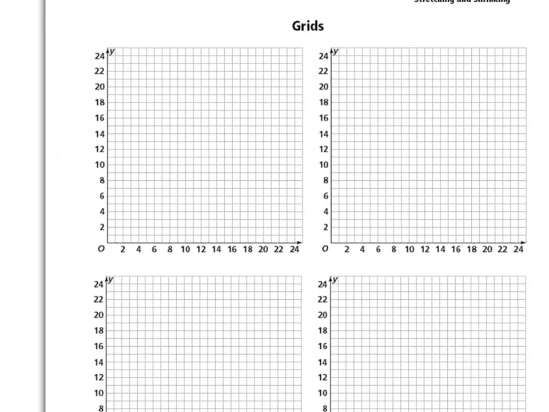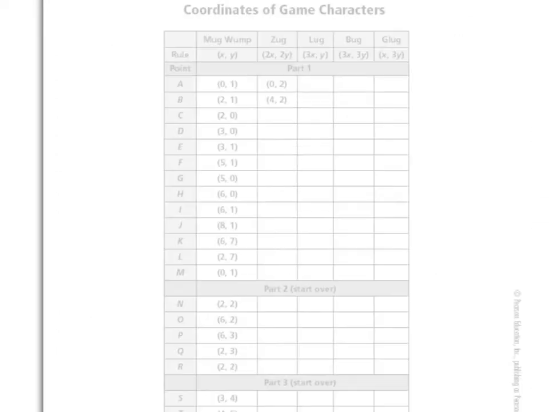So the first point that we're going to plot is point A, and the x coordinate is at 0, and then the y coordinate is at 1. So let's see where that point is on a graph.